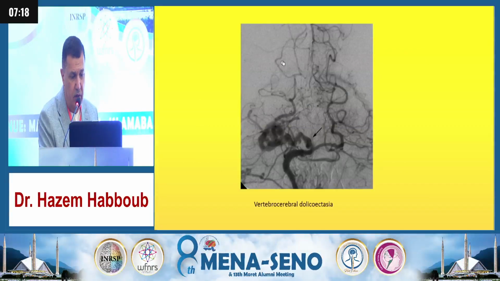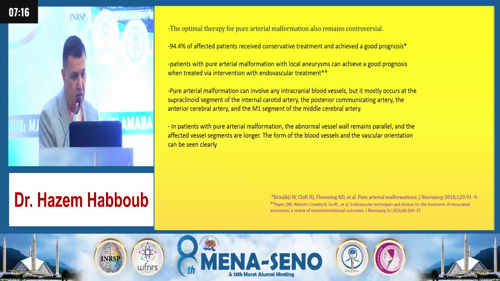This is typical vertebrobasilar dolichoectasia. The optimal therapy for this is relax, wait, and do follow-up only. Most of them we followed, and they have good prognosis. Only in one case did we need to stent.